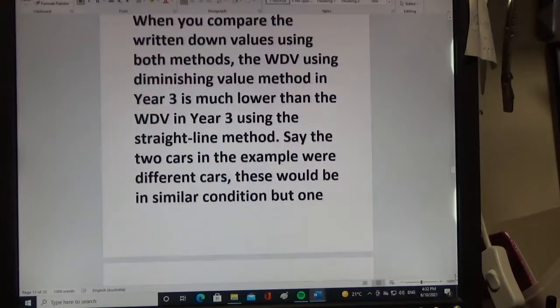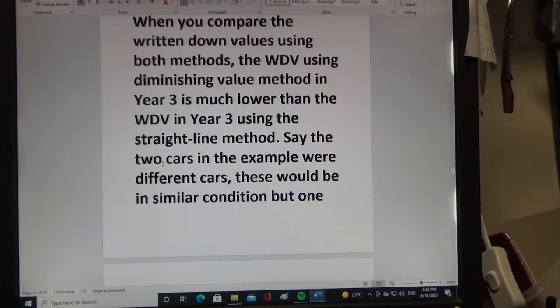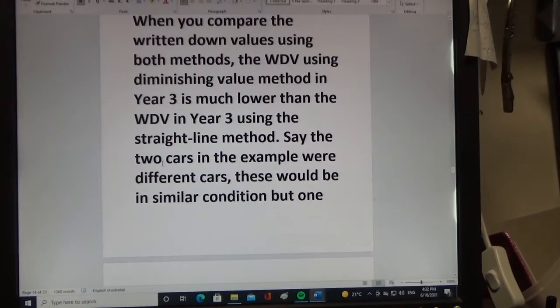When you compare the written down value of both methods, in the diminishing method, depreciation expense is quite high at the start of the period compared to the straight line method, but at the end of the period it becomes quite low.